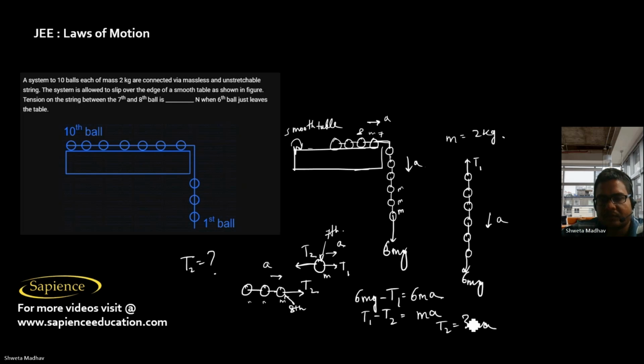Now if we add all these, T2 will cancel, T1 will cancel. So we will get 6 mg equal to 10 ma. m will cancel, then a will be equal to 6g by 10.